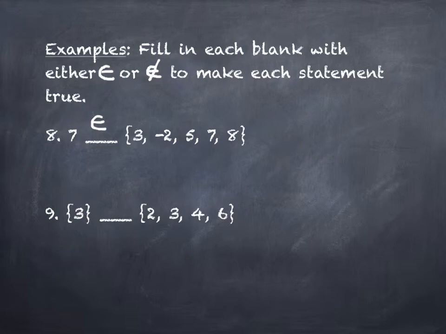So since it's a set on one side and a set on the other side, what symbol? The one with the slash through it. It's not an element of it. It's actually what we would call a subset of it. So given our two choices, the only one that will work in this blank right here is the element symbol with the slash through.